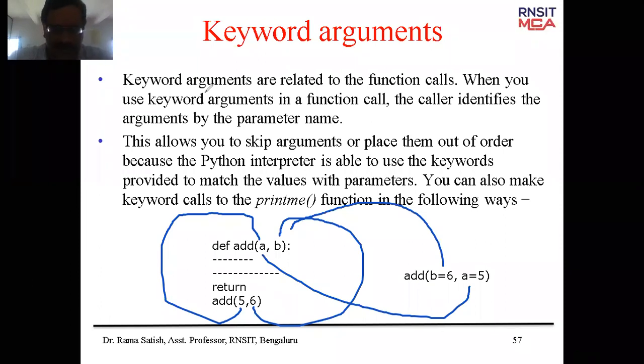This is a feature you call keyword argument. The caller identifies the argument by the parameter name. Here the caller is identifying 6 as B and 5 as A. So you have an option to change.